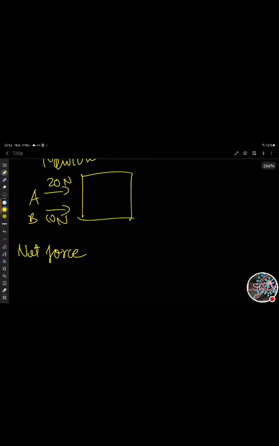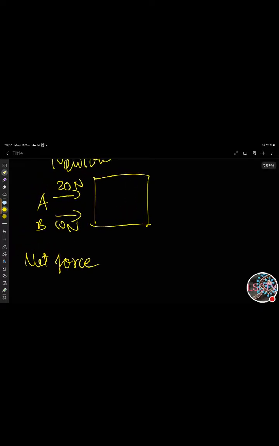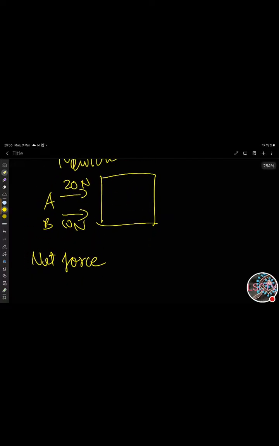I have the question here. I'll zoom in and give you yours. So, answer the poll. What is the net force? I'll give you 10 seconds, and then I'll end the poll.